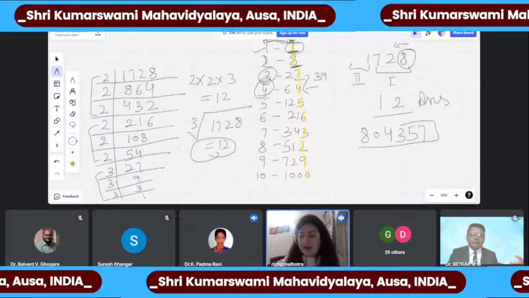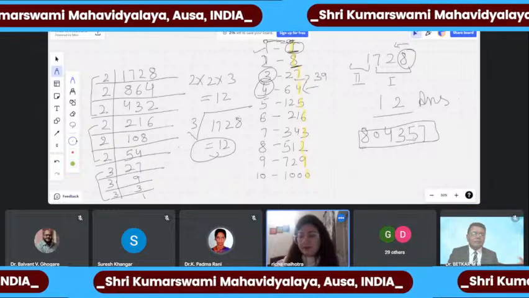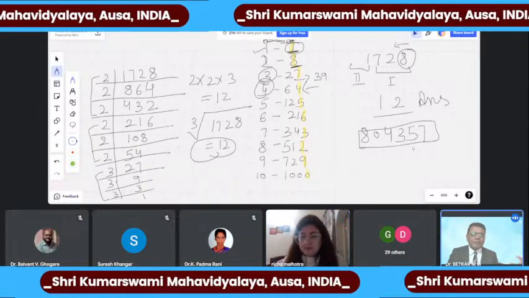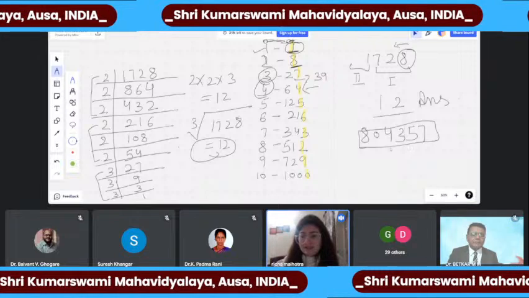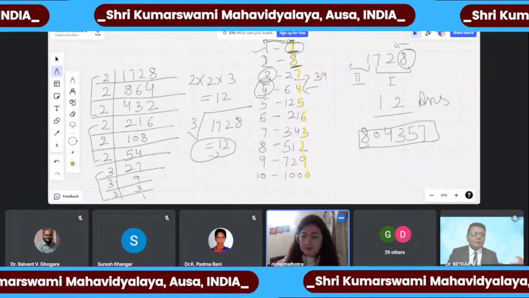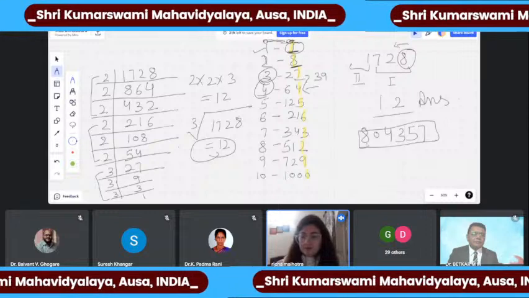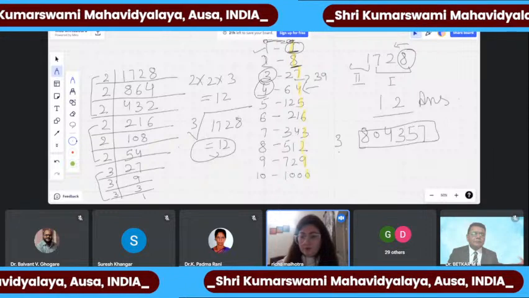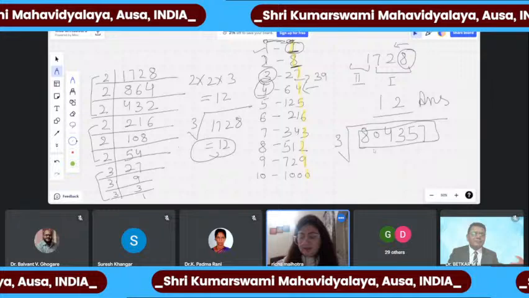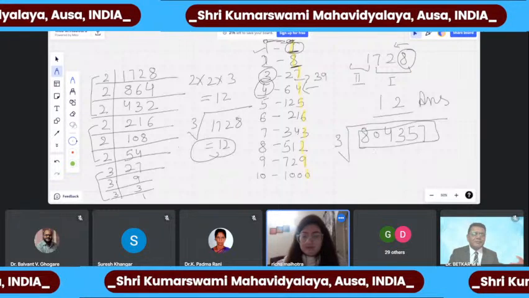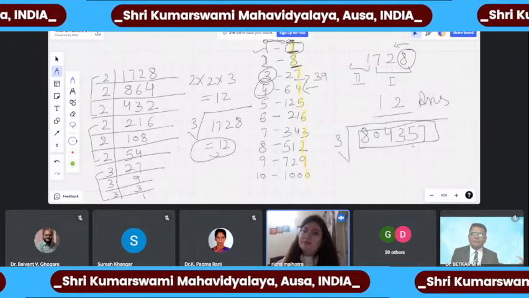See, I have given one value, 804357. So this is a cube value of which number? We have to find its cube root in short.